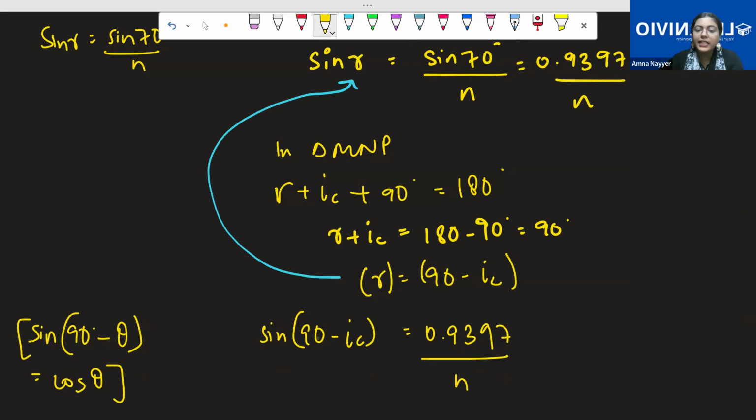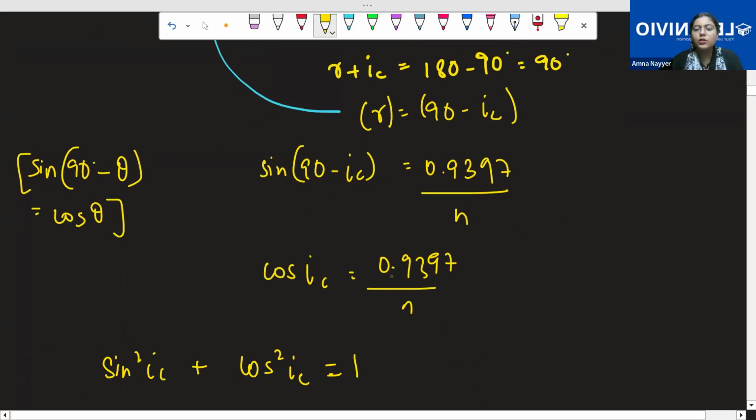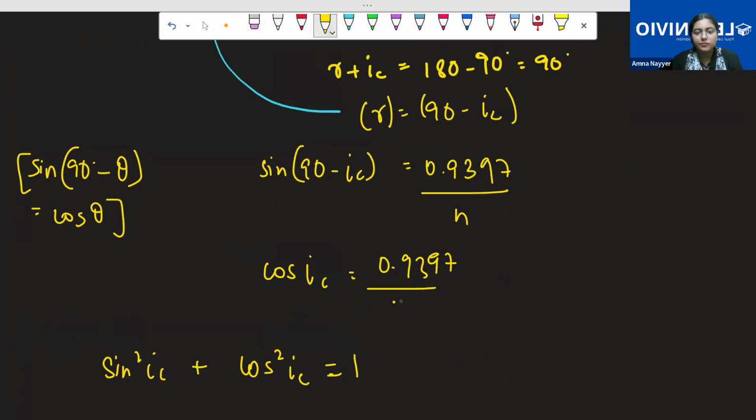Sine 90 minus theta is cos theta. I can say cos theta is equal to 0.9397 by n. Do you agree till here? This is cos IC.